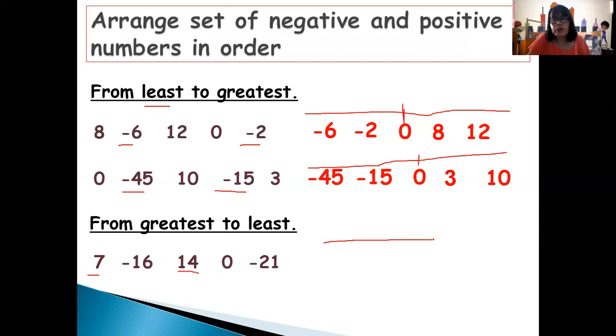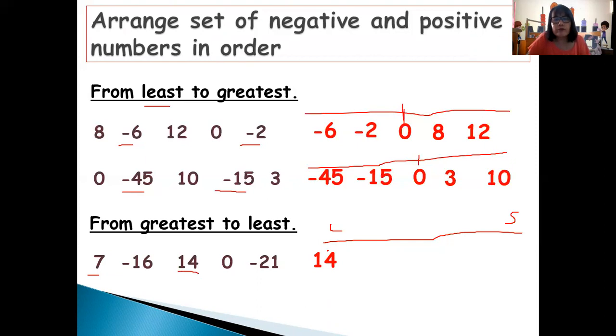So let's complete our number line from the largest to the smallest. Okay, so I have 7 and 14. Which one is the largest? Of course, 14. Then 7. So you can pause your video, then check the answer.